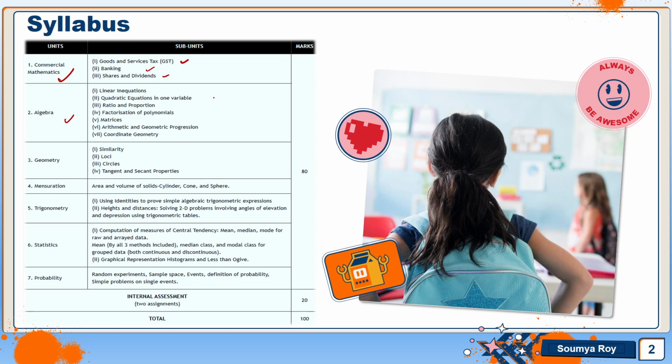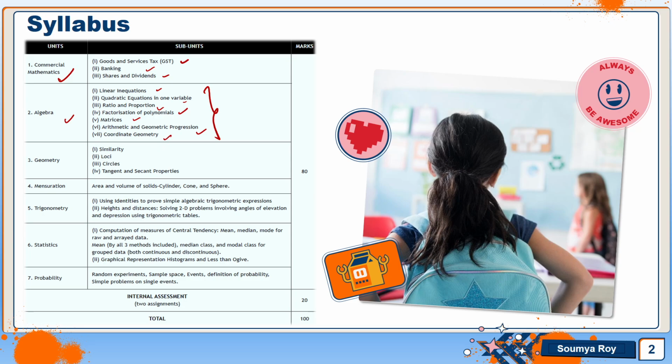Algebra: here, seven chapters including linear inequations, quadratic equations and their problems, ratio and proportion, two different chapters, factorization, matrices, addition and also multiplication, and arithmetic progression. Then geometry, coordinate geometry is there.